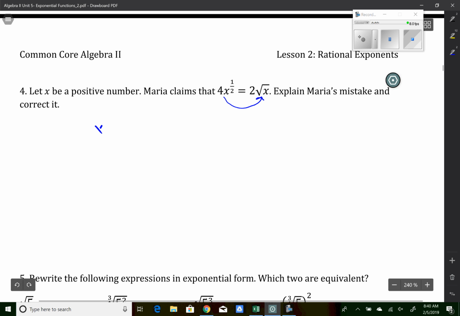So the x to the 1/2 is equal to the square root of x, but 4 is not to the 1/2 power. That's Maria's mistake. So if we correct Maria's mistake, 4x to the 1/2 power would be written as 4 square root of x.